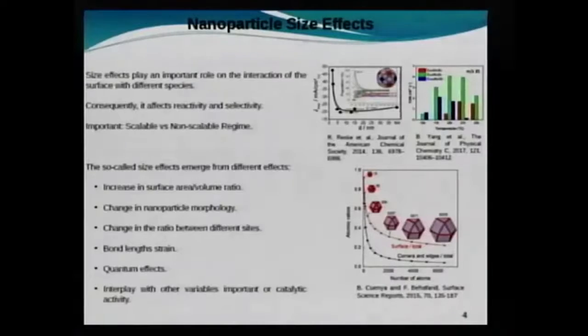This is what we see for these types of surface atoms. And this is the corner and edge atoms. So if you have a large nanoparticle, most of your surface atoms will be terrace-like atoms. If you have really small nanoparticles, you have lots of edges and corners, and their activity should be different. Also, you can induce some bond length strains, and you can have quantum effects and interplay with other variables, like I said before, which are a bit more tricky and quite special, especially important for the non-scalable regime.